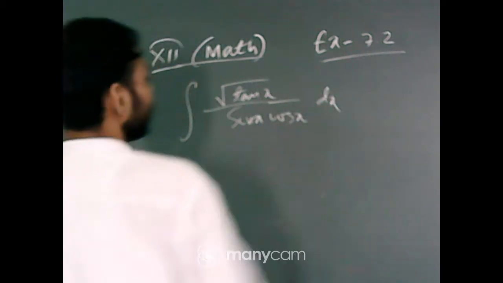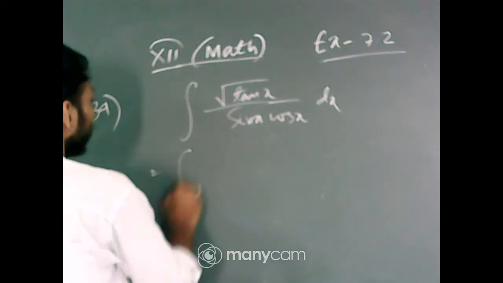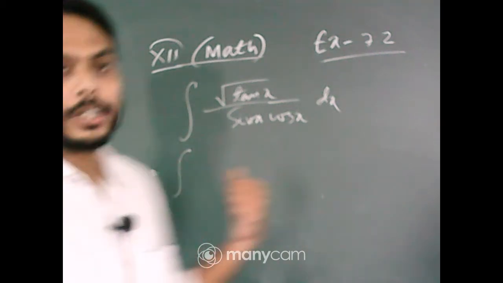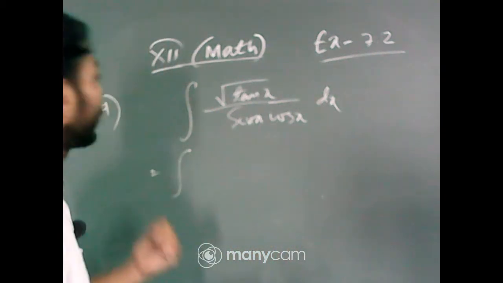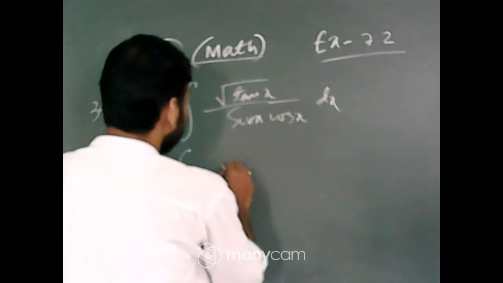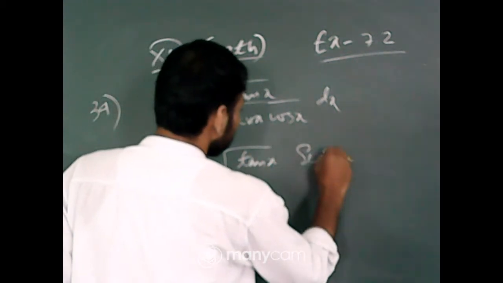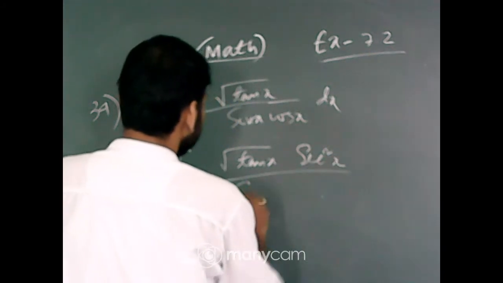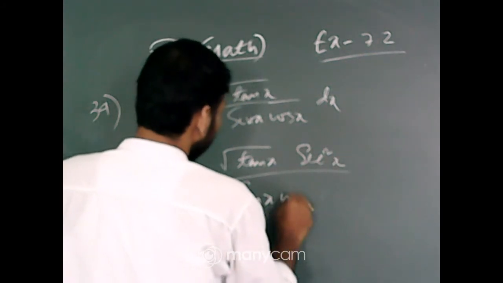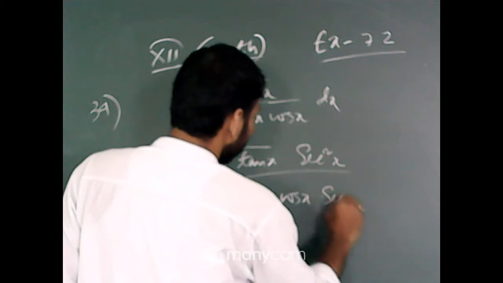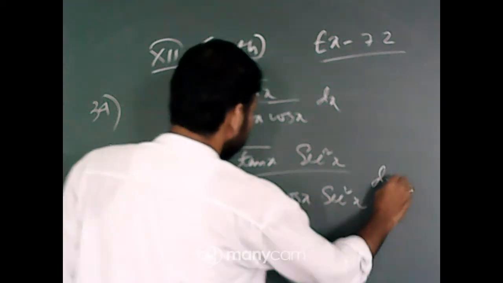Now here in this integration we will multiply both the denominator and numerator by sec square x. So root over tan x into sec square x by sin x cos x into sec square x dx.